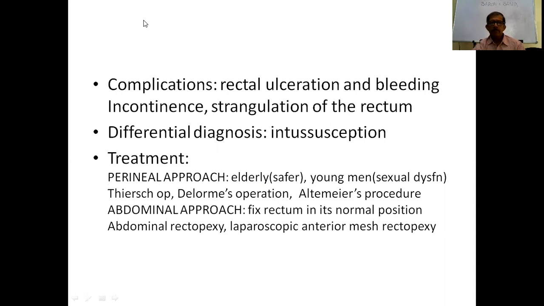What is the other thing about Thiersch? Should not forget the surgery subject. I have given a question also about the other Thiersch.